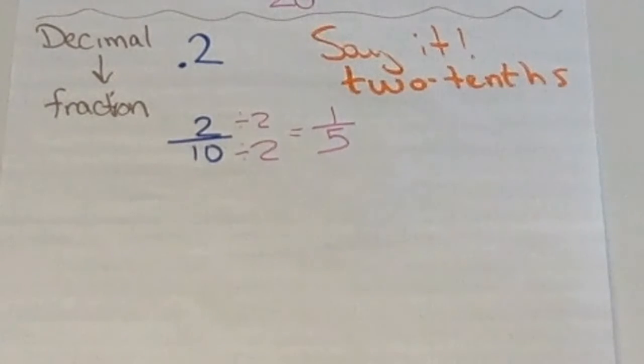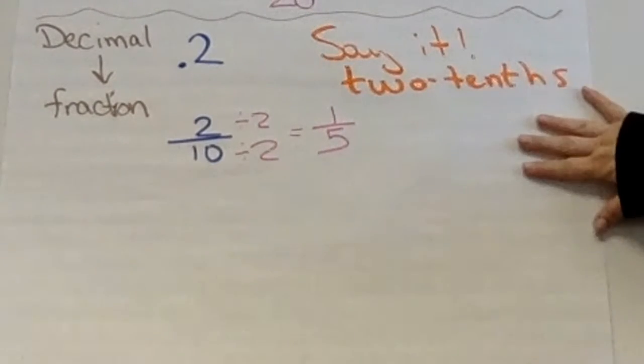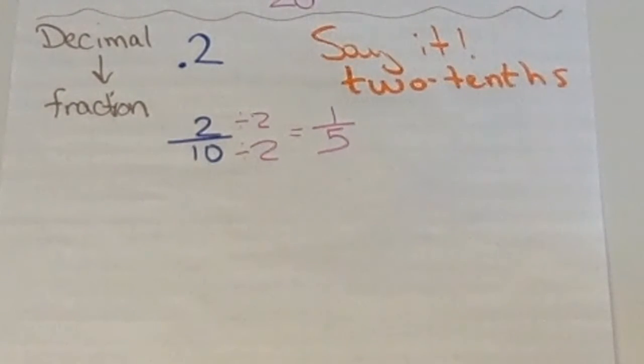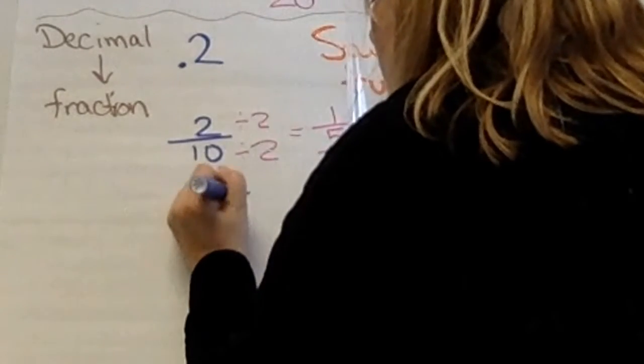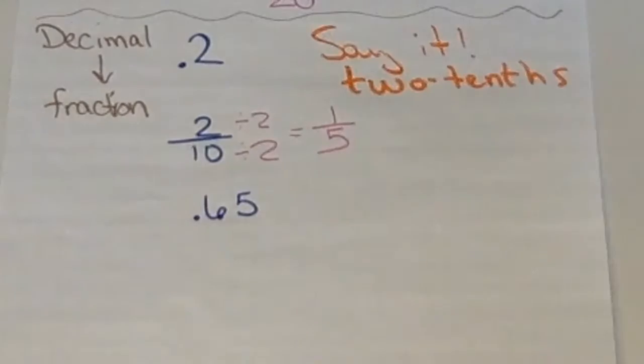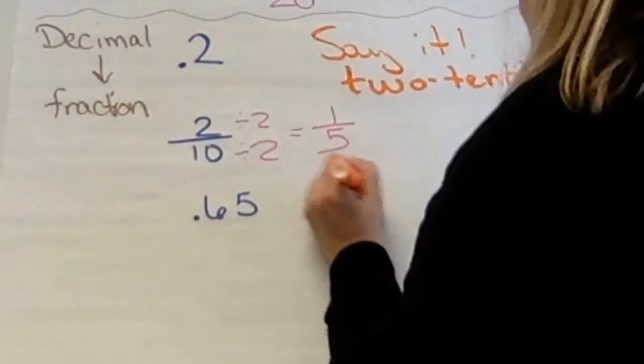Any questions on converting a decimal to a fraction? You just say it. Let me give you one more example. Let's say we had 0.65. Let's say it. How would you say that? 65 hundredths.